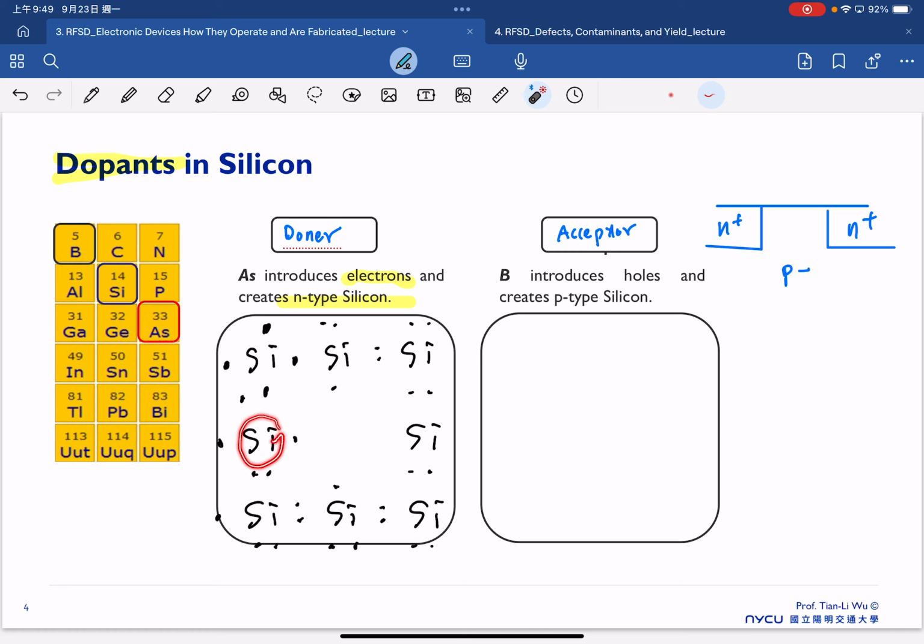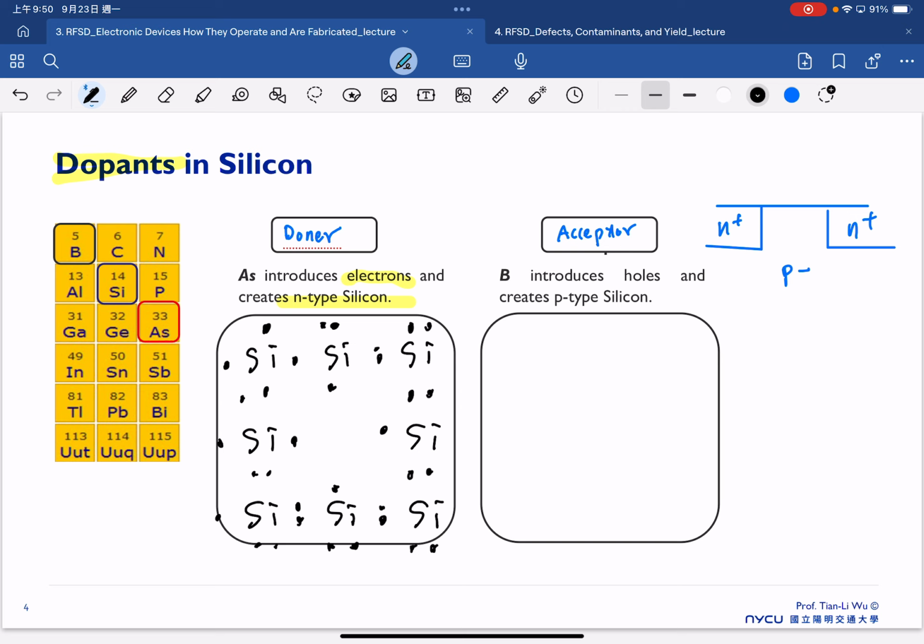So the silicon atoms can form covalent bonds in between. That means each silicon atom contributes 1 electron to form the bonding with the nearby atoms.